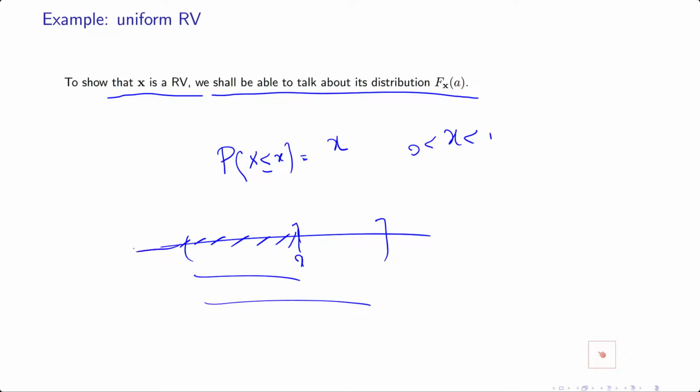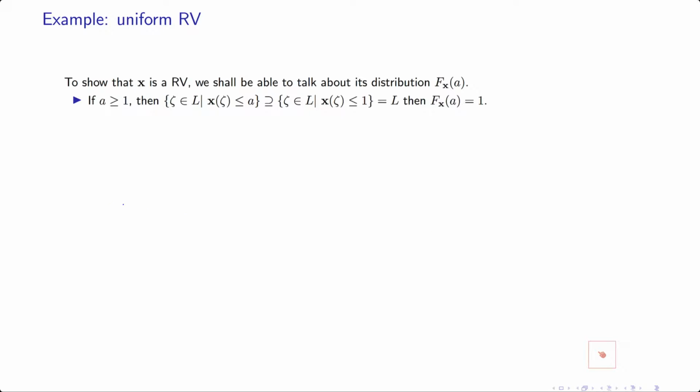But if your x is negative, the probability here is 0. So this is equal to 0 if x is negative, and is equal to 1 if x is bigger than 1. And then we call this the uniform distribution. So this is the probability that X is smaller than or equal to a.